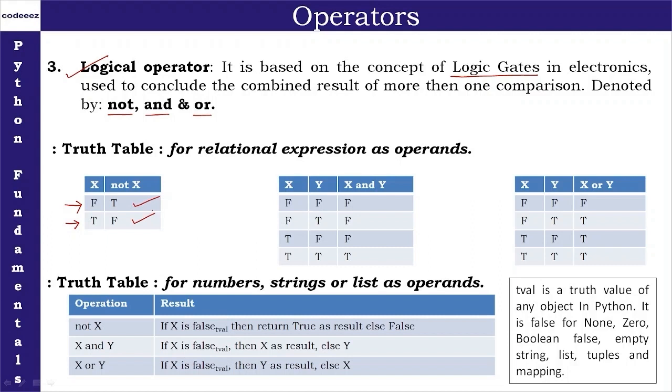The second one is the AND operator. The Boolean expression of the AND operator is f equals x dot y, meaning a dot operation is applied between the operands. So if both the inputs are false or any of the inputs is false, then the final result that we get in the AND operator is false.